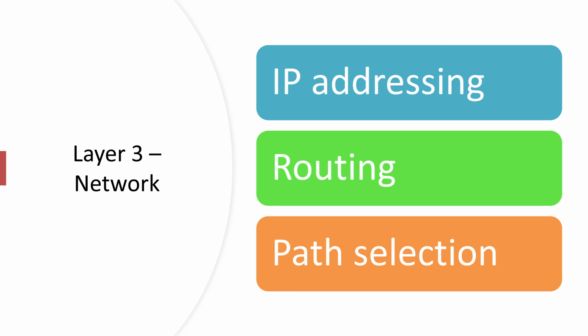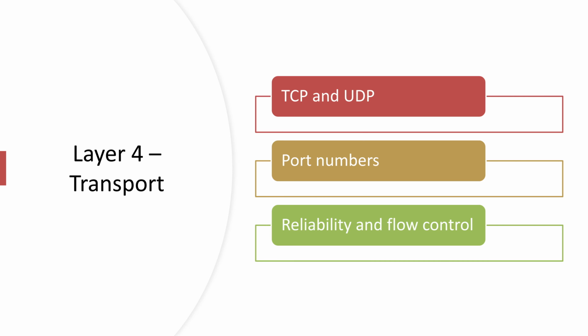Now layer 4 is the transport layer. This layer is responsible for end-to-end communication between applications. It controls reliability, flow control, and error recovery. There are two common transport protocols, TCP and UDP.